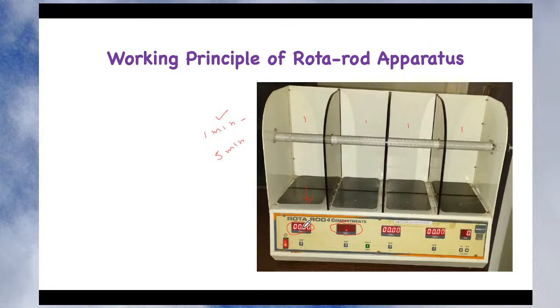Now this will measure the time for which the animal remains on the rotating rod, because the moment the animal falls down, the timer will stop. It will stop taking the reading, isn't it? So what does it measure? It measures the fall down time of the animal. For how much time animals remain on the rotating rod is measured by this Rotarod apparatus.